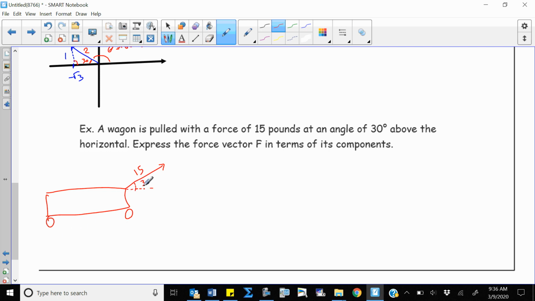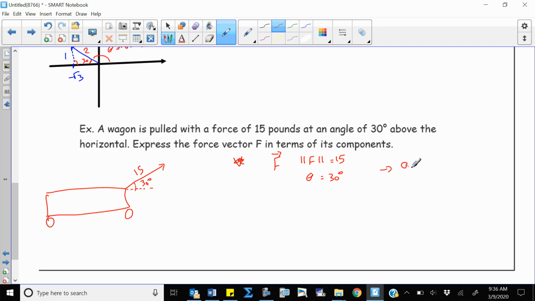This is 30 degrees. So basically we have the vector, and let's call that f. We have the vector f that has a magnitude of 15 and direction of 30 degrees.